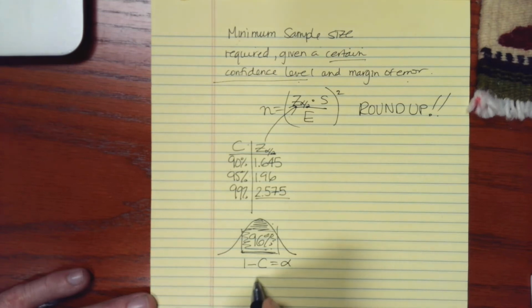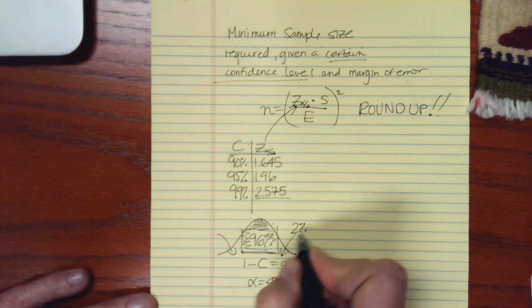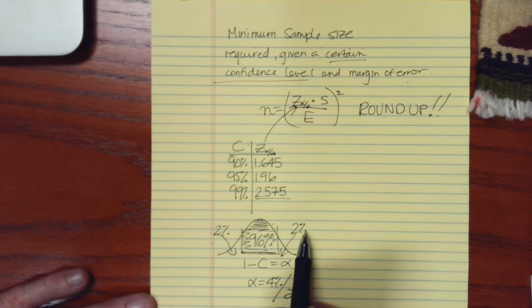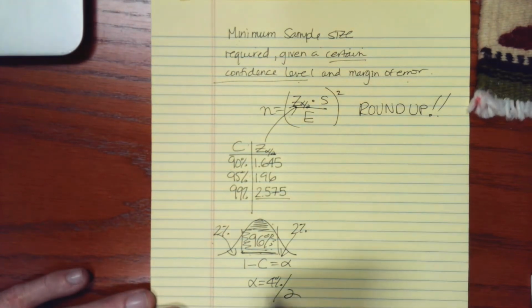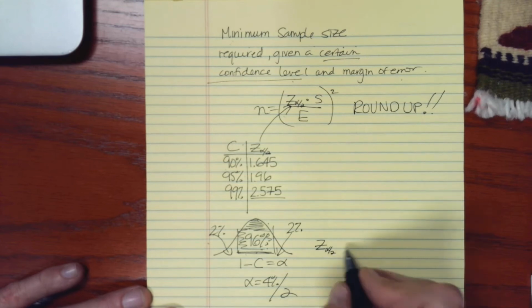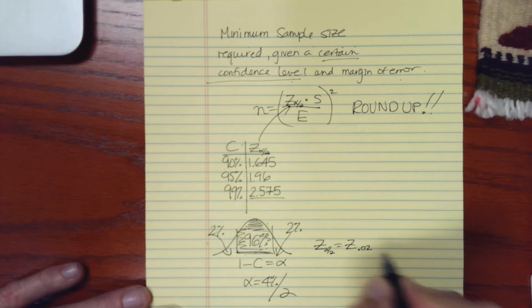And so in this case, alpha would be 4%. But half of that is in this tail and half of it's over here. So I have to divide that by 2. That's why we say alpha over 2. So this would be 2% and 2%. Now notice when I add up these three values, I get 100%. So I'm looking for z for alpha over 2. So that's z for 0.02.